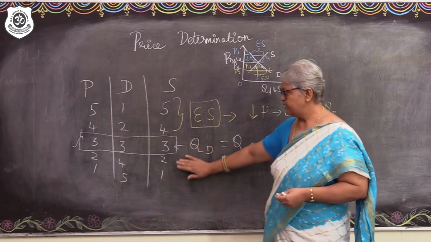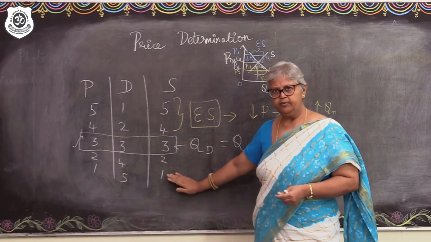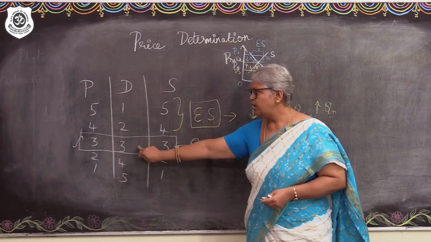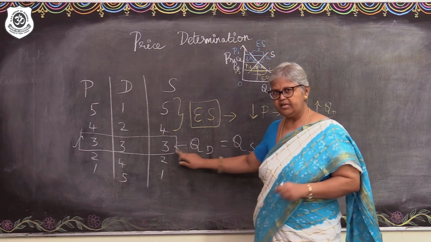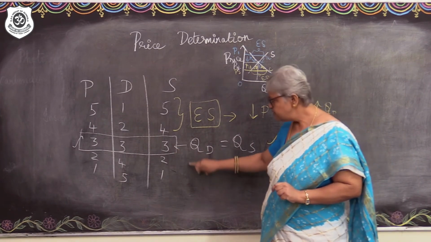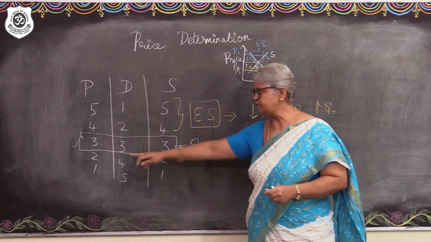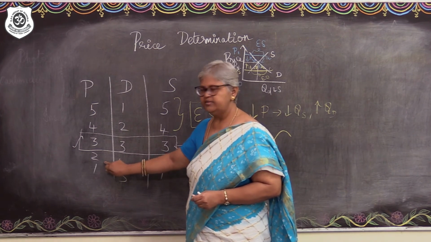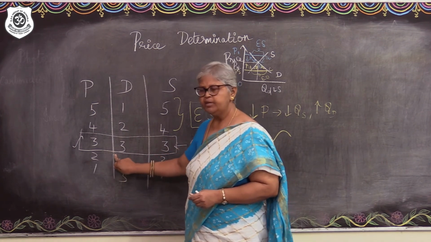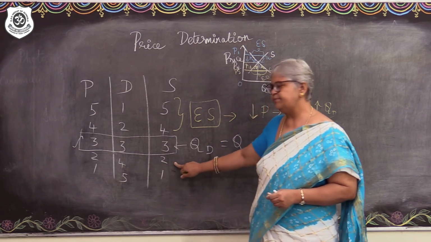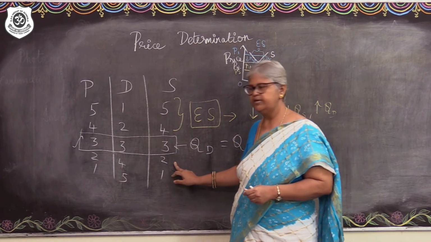Fine. Again, let us go down, right? At 3, the quantity demanded is equal to the quantity supplied. Alright, so we have understood this is the equilibrium price. Go down to the next price level, which is 2. At 2, the quantity demanded is 4 and the quantity supplied is 2, right?